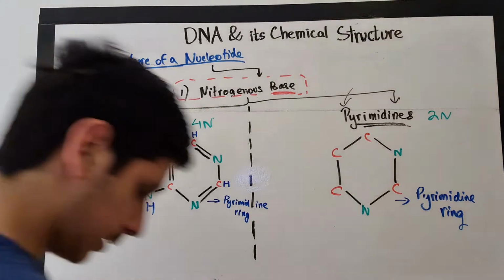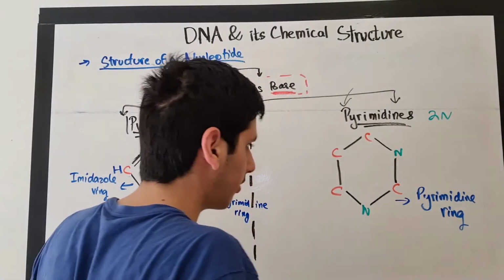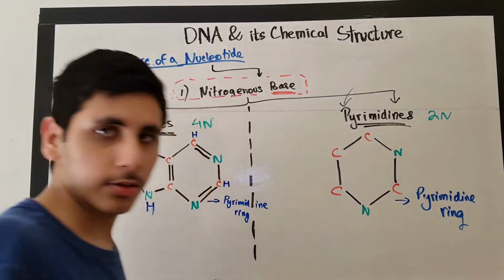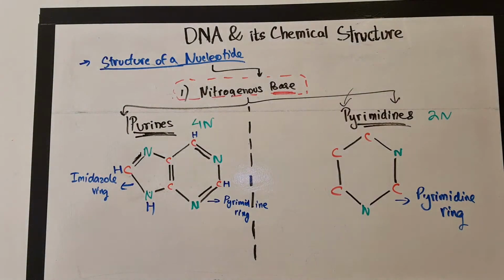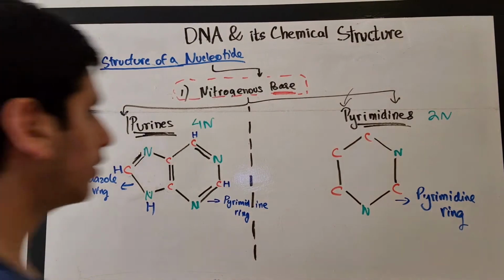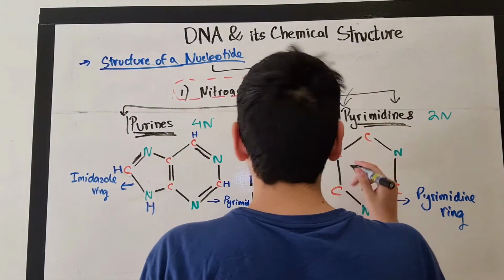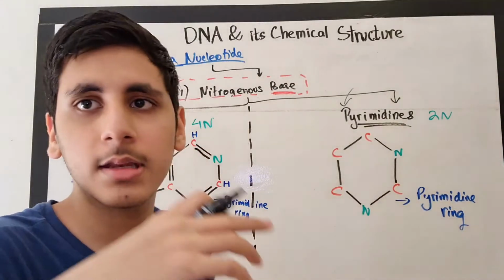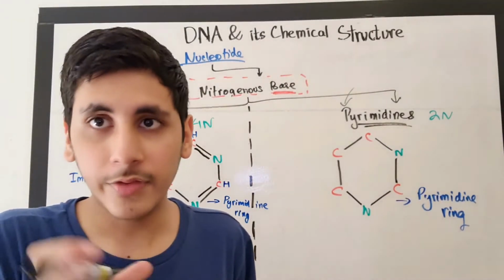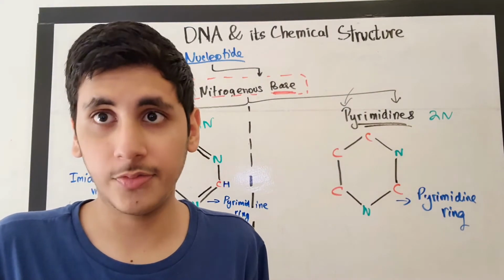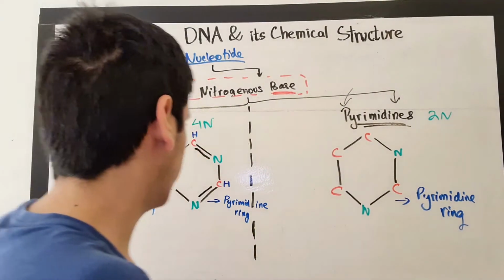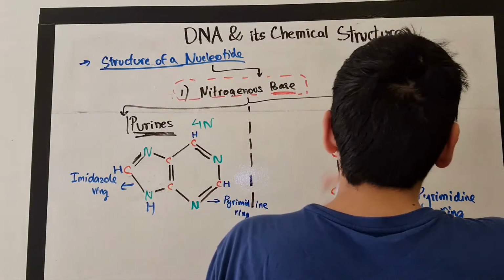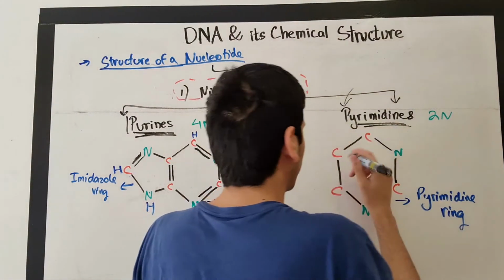Now let's move on to pyrimidine. So pyrimidine will be almost the same thing. So in pyrimidines we also have the alternating double bonds in the pyrimidine ring. But remember, every pyrimidine, like cytosine, thymine, as well as uracil, have quite different chemical structures of their own, but they follow this general rule of a pyrimidine.